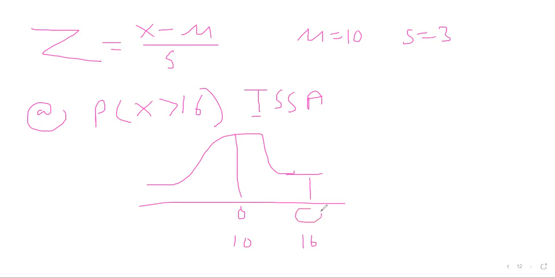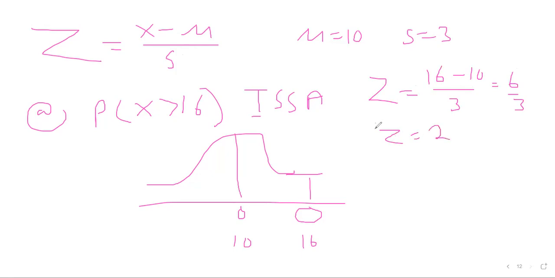But what is the value of 16 in terms of Z? We can calculate our Z by using the standard formula. The standard formula says x minus mu over standard deviation. So our x is 16 and our mean is 10, divided by 3. So here we're going to have 6 over 3, meaning our Z is equal to 2.